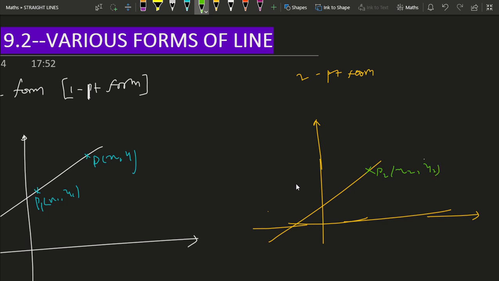And this point as P, point P is x comma y. And this point as P1. What are the P1 coordinates? x1 comma y1.